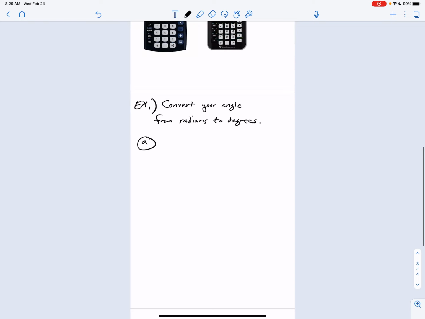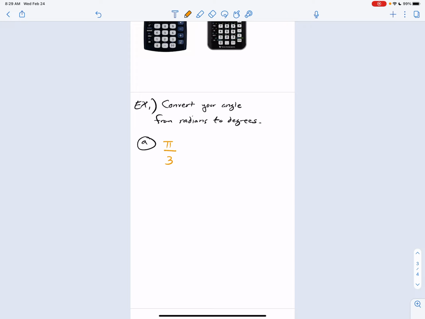All right. You're going to start off with some type of radian. The first most common example is when you're dealing with something that has pi in it. For instance, let's say we did pi over 3.